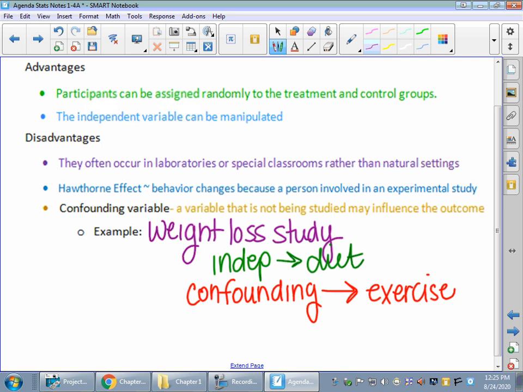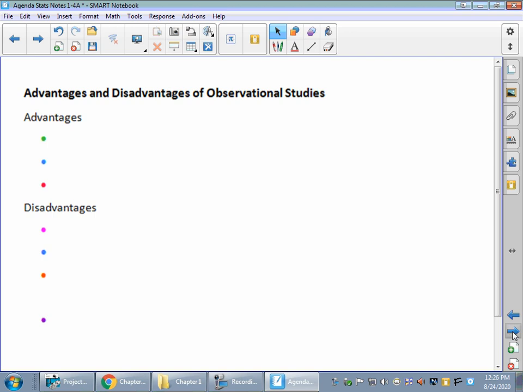That is definitely going to change the results of my weight loss study. So increased exercise would be a confounding variable. It's not being studied, I'm not looking at that as my independent variable, but it definitely probably will influence the outcome.